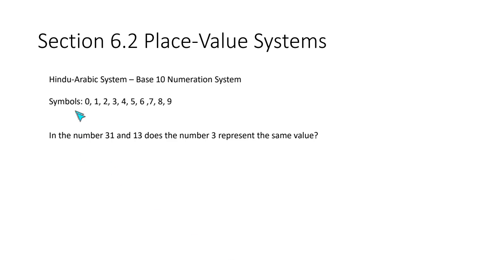Okay, so our system, as I mentioned earlier, is called the Hindu-Arabic system, and we say that we're a base 10 numeration system. One of the rationales for why we have a base 10 system is because we have 10 fingers, right?